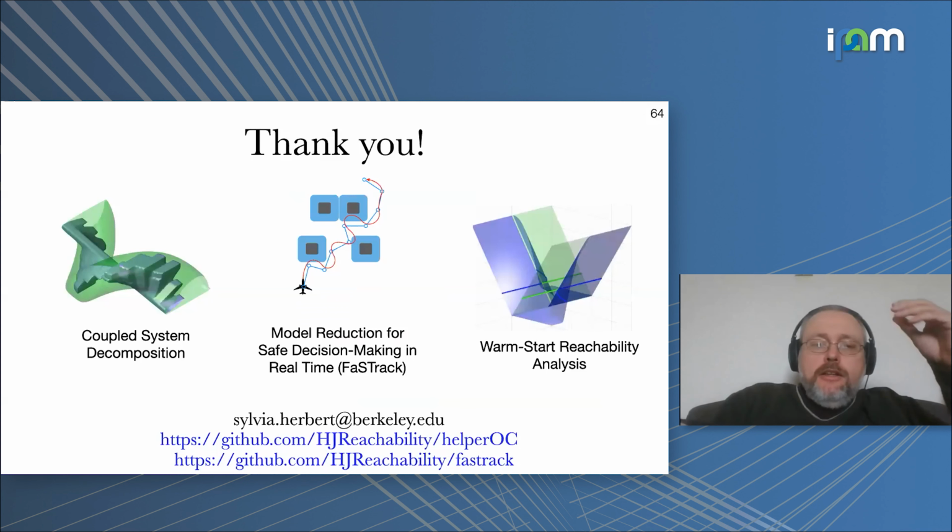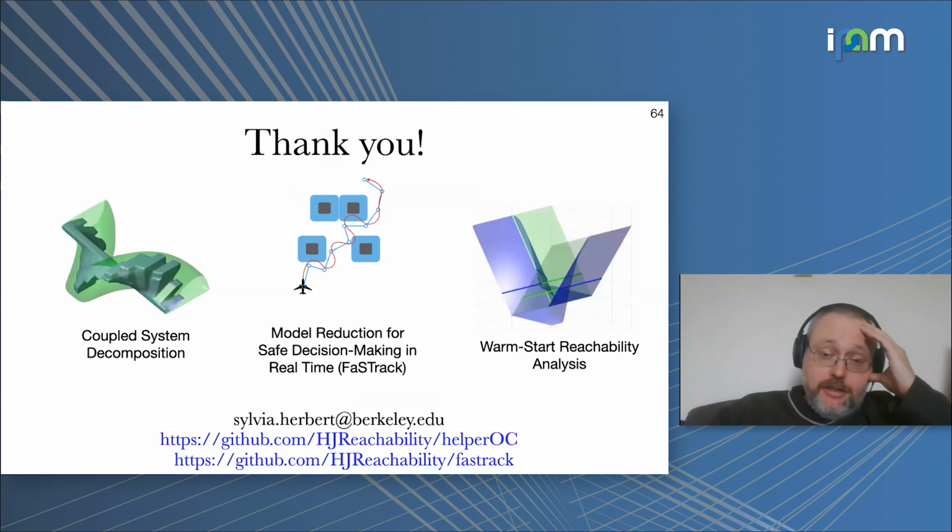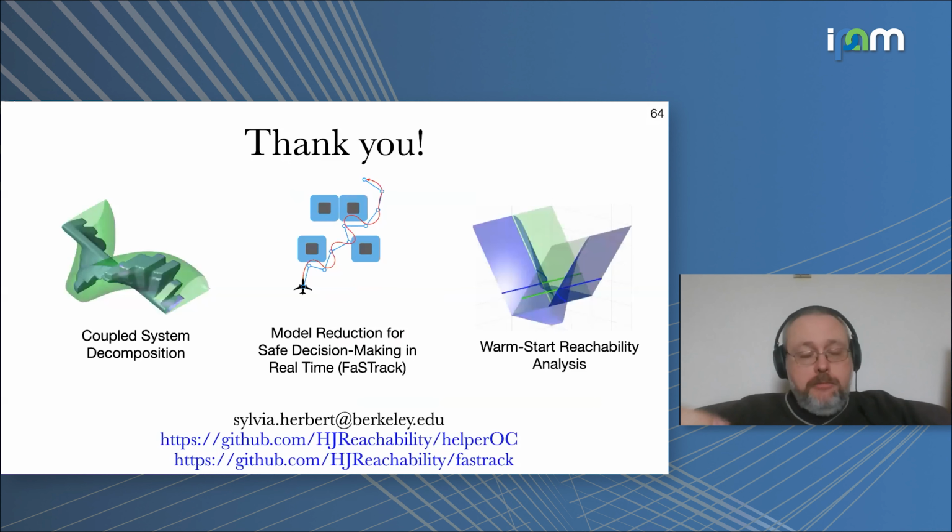I was wondering, for the fast track stuff, one of the features of it is that you're currently computing on the grid. So you get this solution that tells you a lot of rich information based on your current high dimensional state with respect to the planned state.